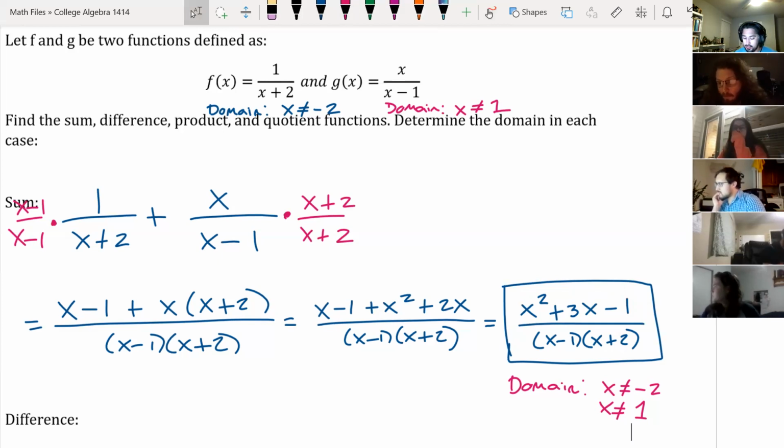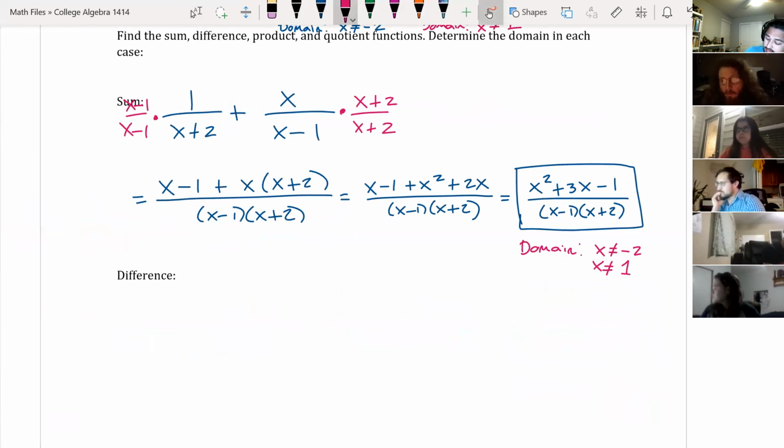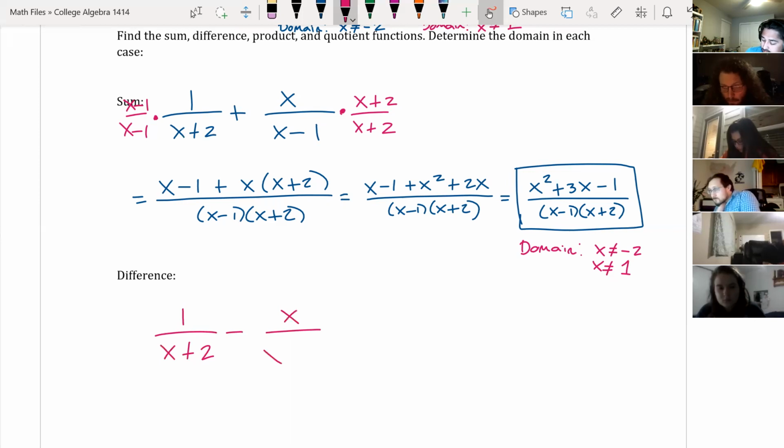All right. So that was the sum. And now we just get to the difference. Same exact thing. 1 over x plus 2 minus x over x minus 1. And once again, in order to subtract the fractions, we just need a common denominator.